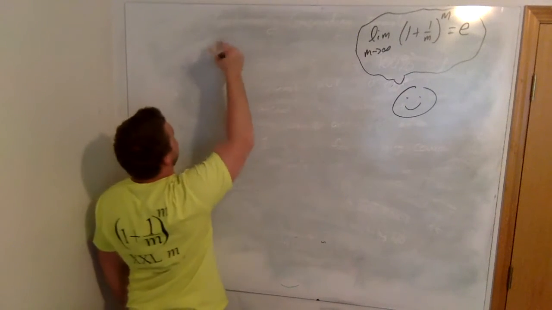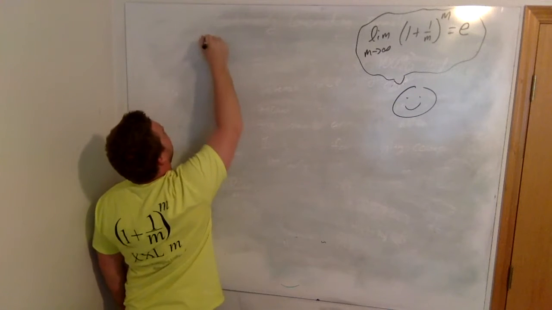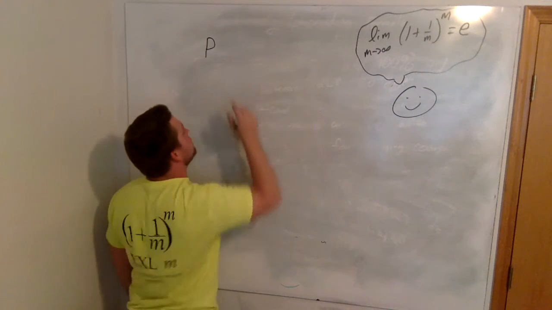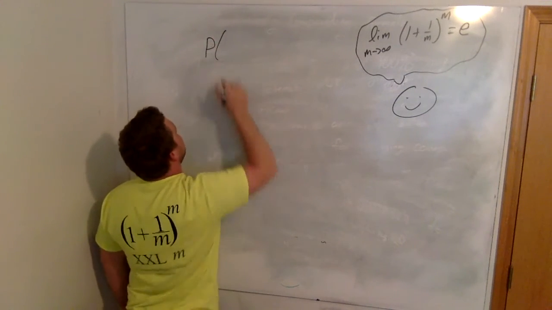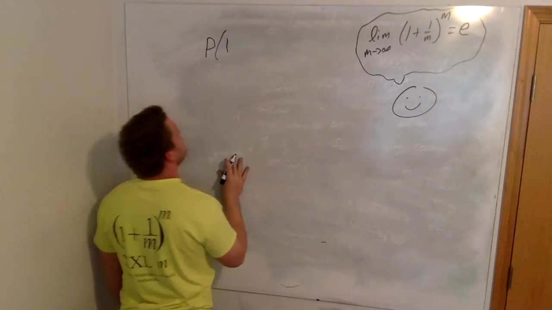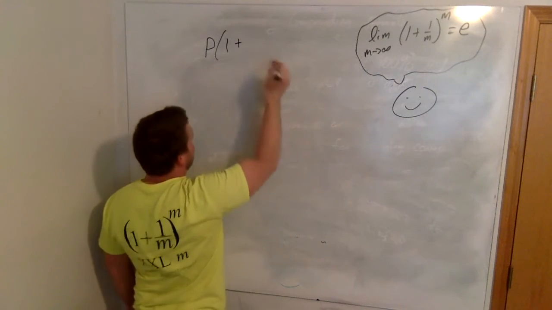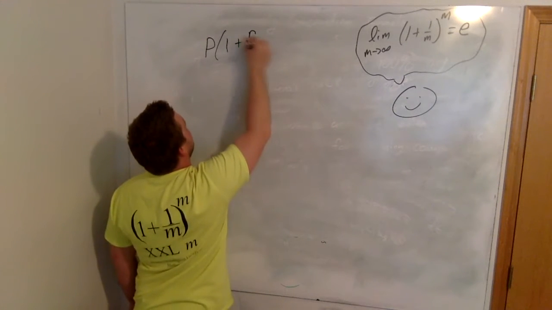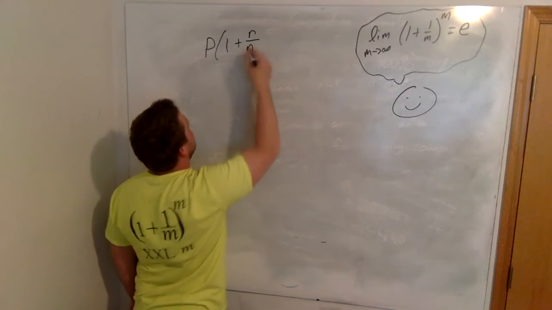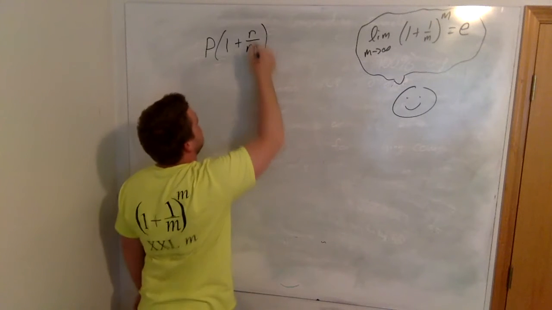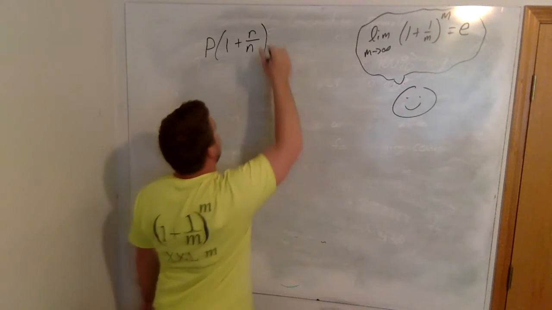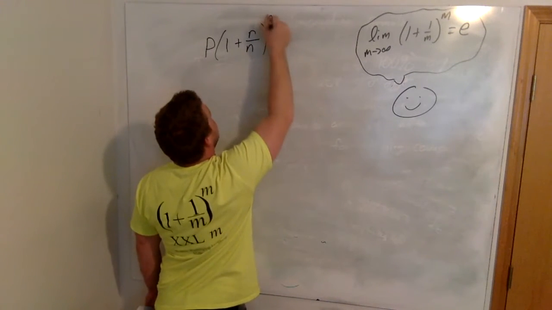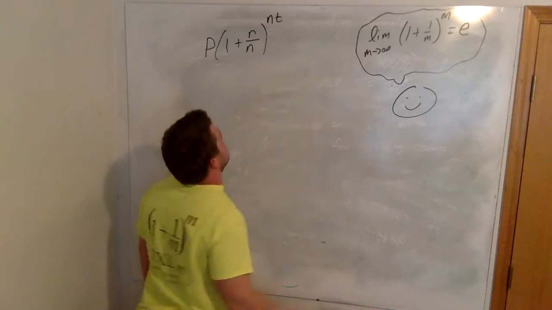We have the principal, the amount of money we put in our bank account. We have 100% of our money. We're not losing our money, but we're gaining. What are we gaining? We have our interest rate, but we're cutting it up into n pieces. Here I'm going to use n now. So we're cutting it up into n pieces, and we would be compounding n times per year.